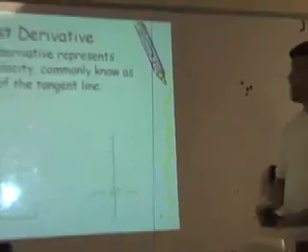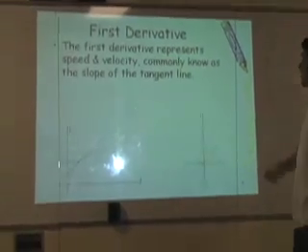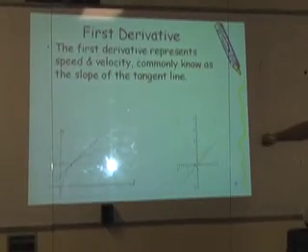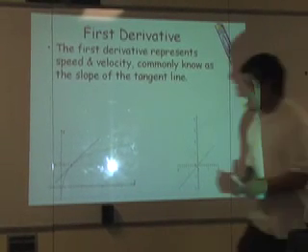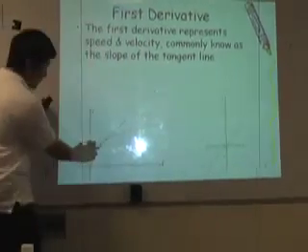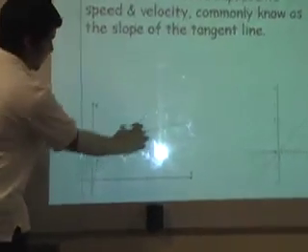Go on to the next one. The first derivative represents, as I said before, the slope of the tangent line, and speed and velocity. As you see here, this point continues progressing through the line.